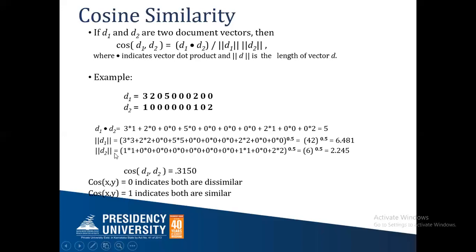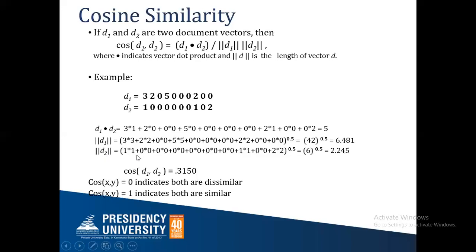The d1 mod, the length, is nothing but the square root of the sum of squares, that is, to the power 0.5. So here, 3 times 3 plus 2 times 2 plus 0 times 0, similarly till the last position. The square root is power 1 by 2, which is 0.5. So the square root of 42 is 6.481 for d1.